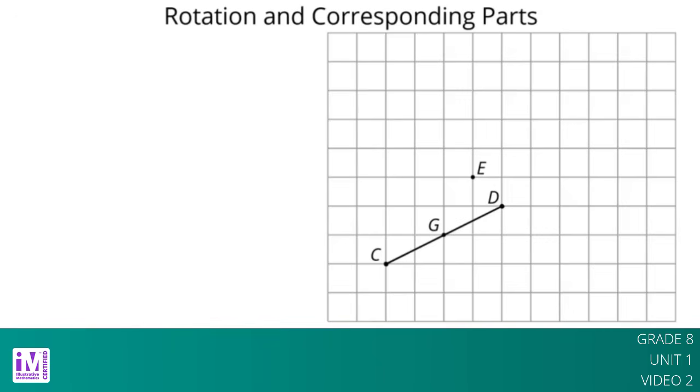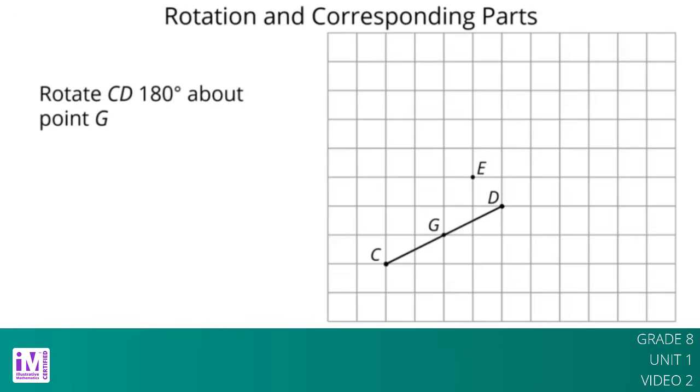Keep in mind that since it is a 180-degree rotation, we can rotate clockwise or counterclockwise and get the same result. If the center of rotation is the midpoint, the segment maps to itself. Here, a 180-degree rotation of segment CD around point G results in an image that is segment DC.